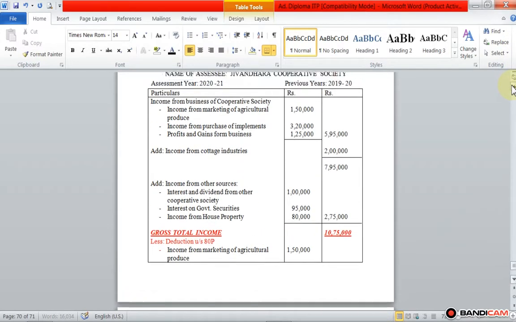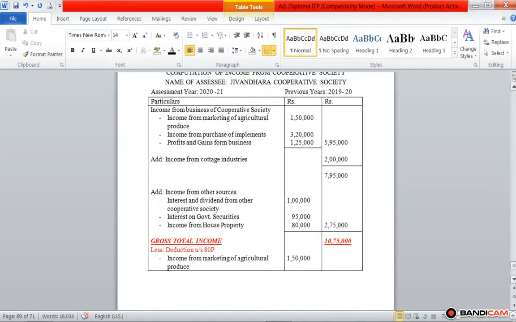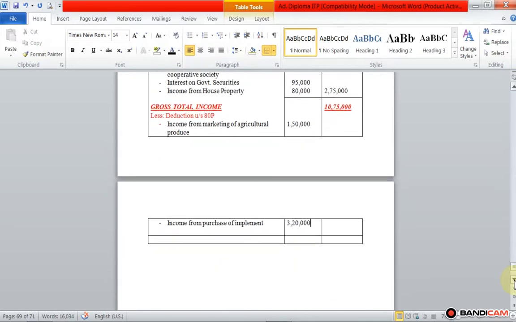Then another income, that is profit and gain from business. So for profit and gain from business, is 100% amount allowed for a deduction or not? So remember the section, okay.